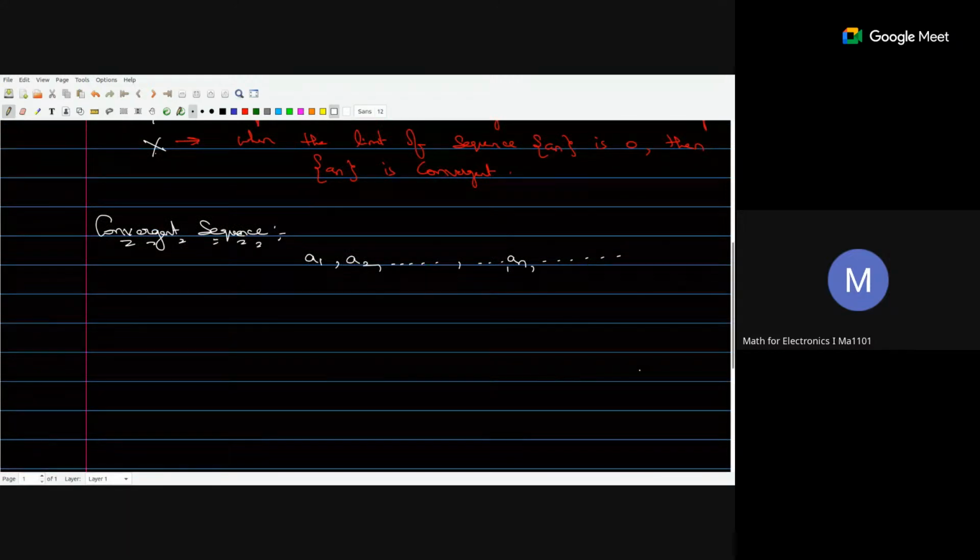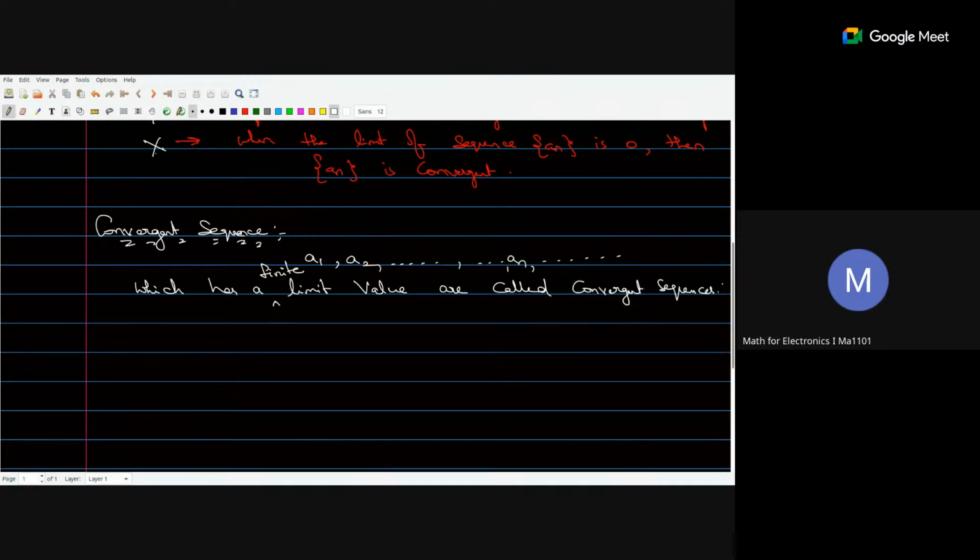And see, sequences which have a finite limit value are called convergent sequences. Very simple. Not every sequence will have a limit value, right?